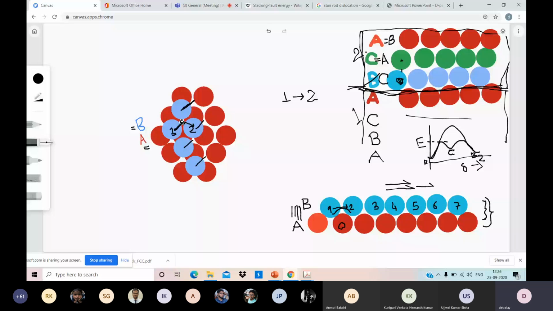So locally, what is wrong in this portion? I am drawing 4 layers. The remaining part is not a problem, it will be restored. HCP is forming, HCP packing. CACA, that means an AB kind of thing, whether it's AB or BC or CA. Ultimately, over that, a fault is created.